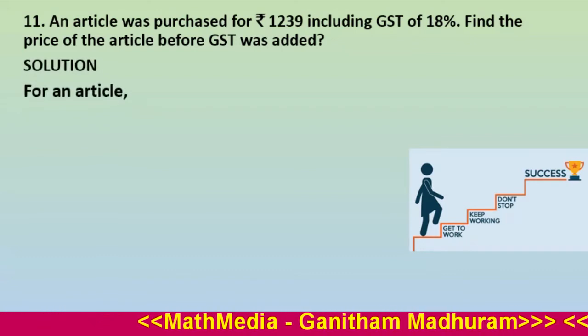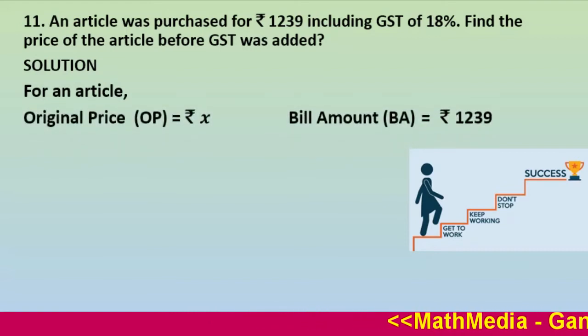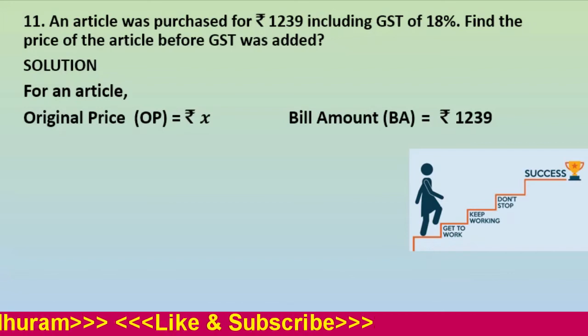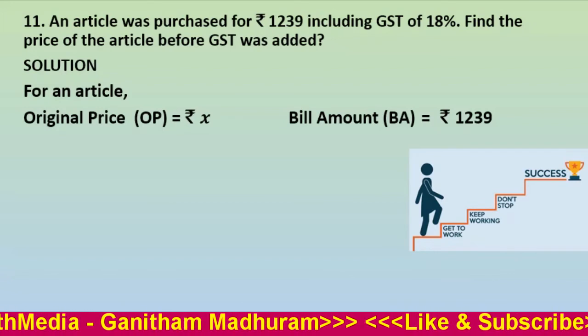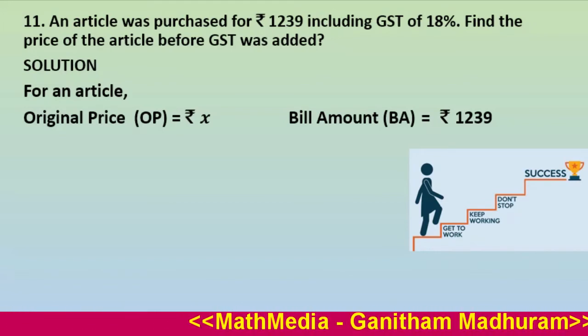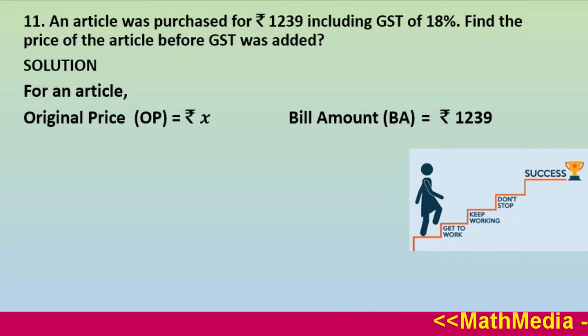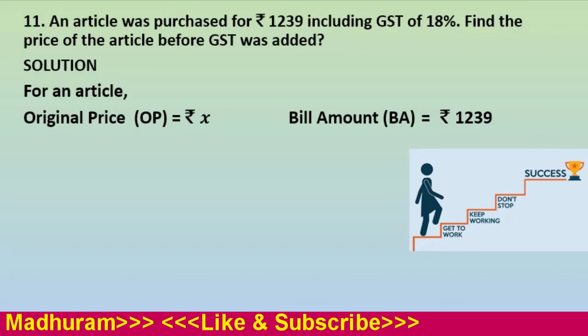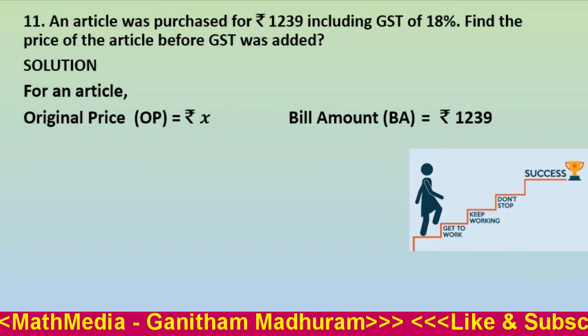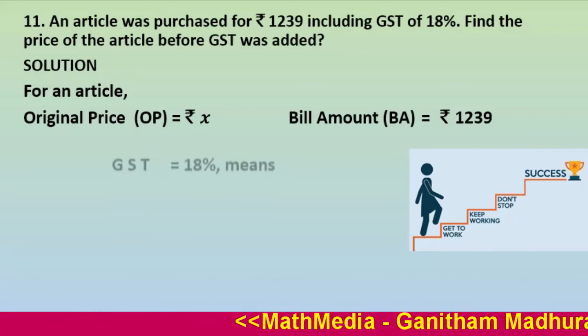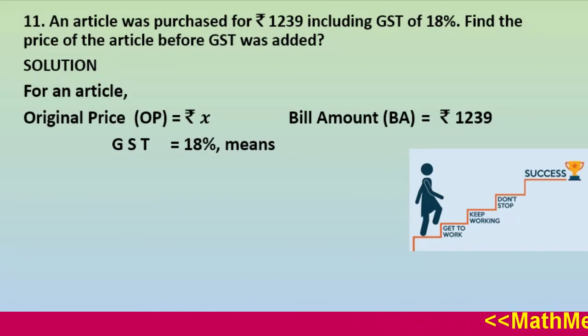For the article, we don't know the original price, so we can take it as rupees X. Bill amount, that means the final amount we have to pay, is rupees 1239. The final amount must include the GST also. And it is given GST equal to 18%.